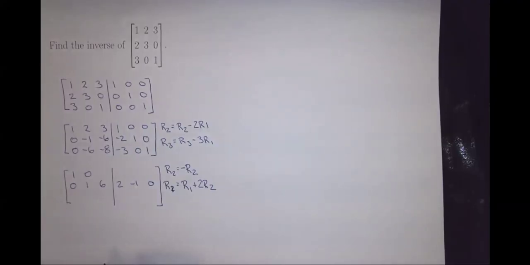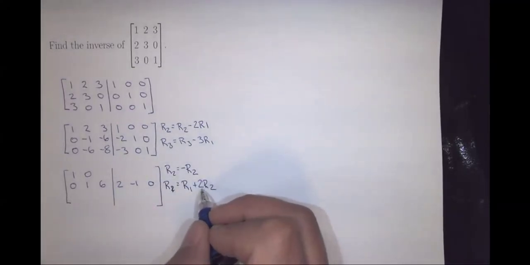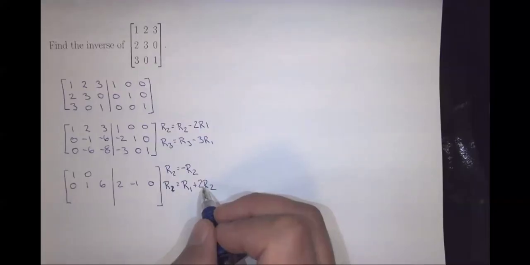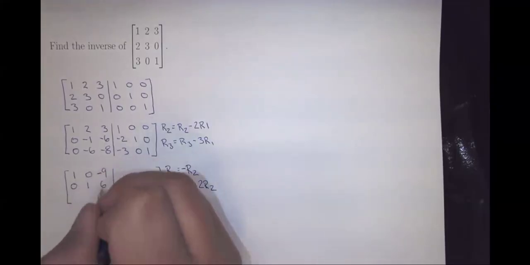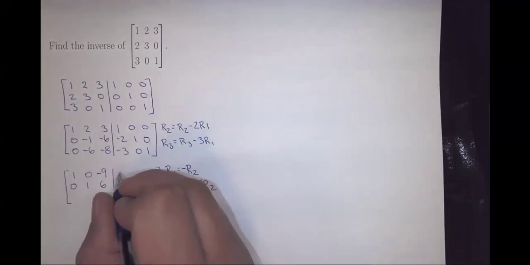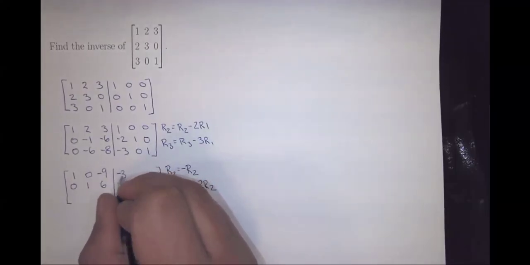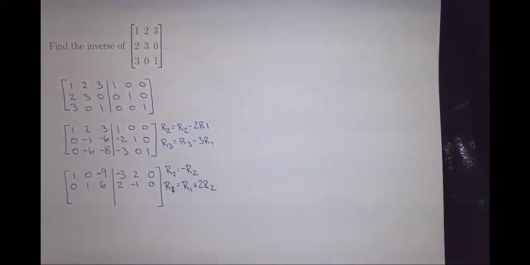We're going to get 3 plus 2 times 6... 2 times -6. That gives us a -9. And then we get -3 and a 2 and then a 0.